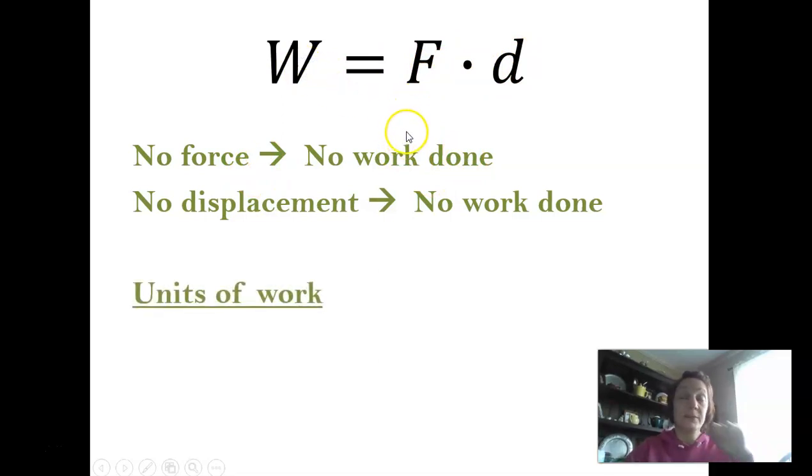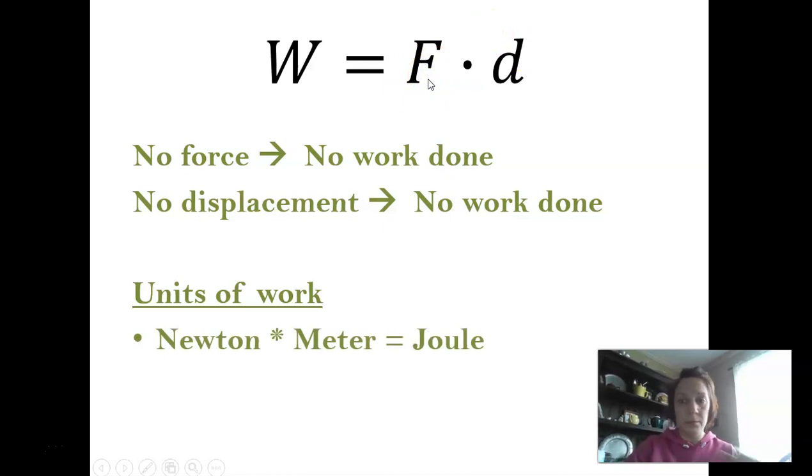Okay. Now, as far as units for work, the displacement is going to be a distance unit, and force is going to be a force unit, which is a Newton in physics generally when we use the MKS system. So the unit of work is a Newton times a meter, and it is absolutely acceptable to write NM, like Newton meter.